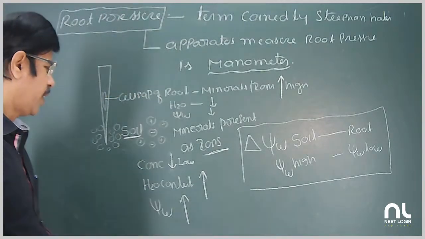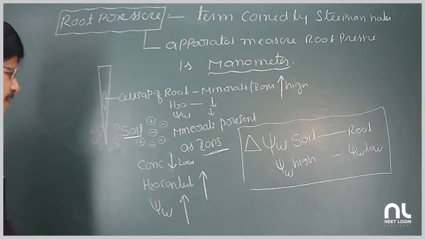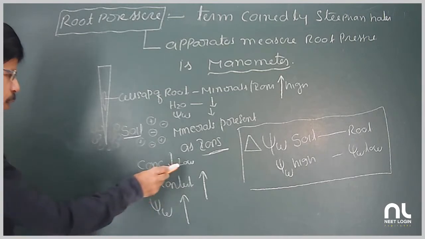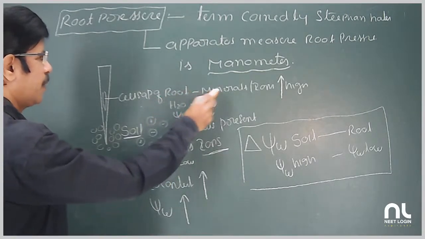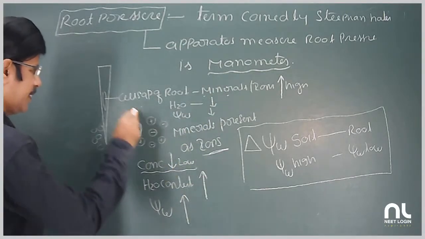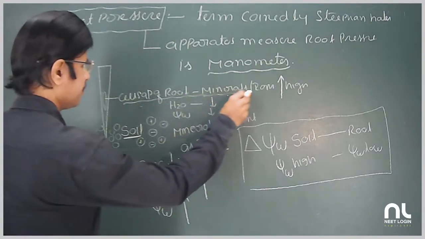In soil, the concentration of ions is low when compared to the cell sap of the root. This is the first point.